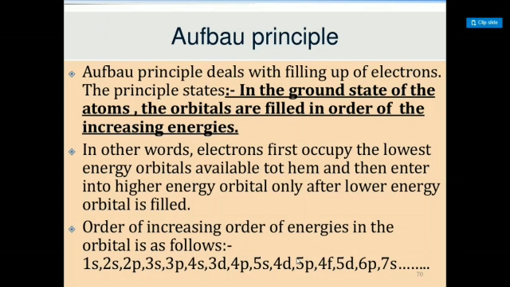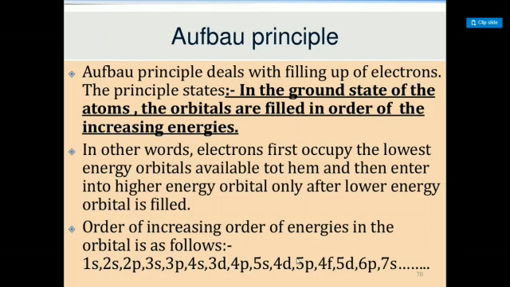The increasing order of energies of the orbitals is as follows: 1s, 2s, 2p, 3s, 3p, then 3d is not there, you can see, 4s first and then 3d, 4p, then 5s, 4d, 5p, 4f, then 5d.